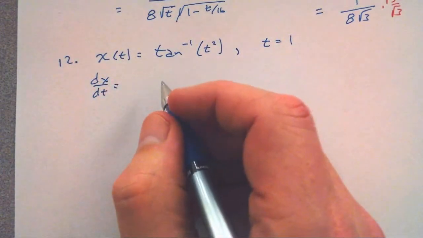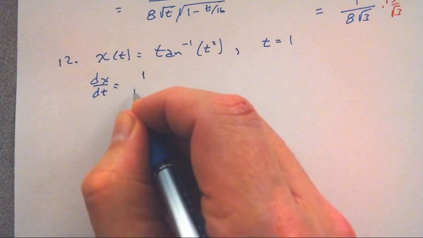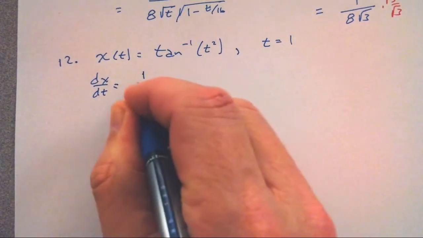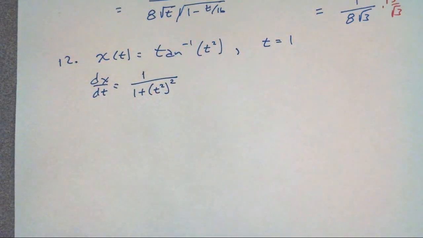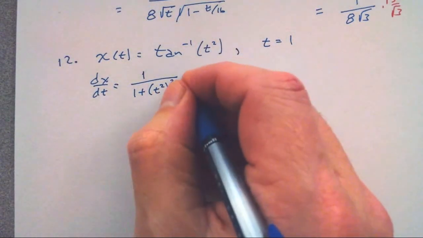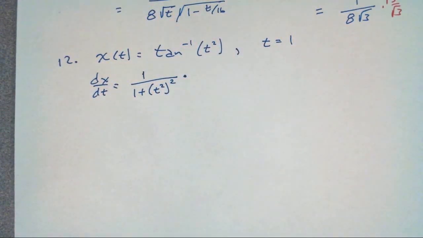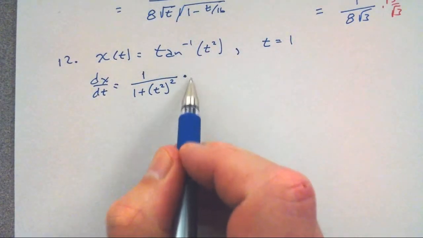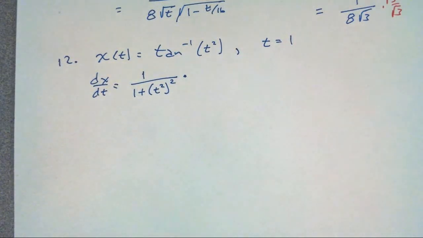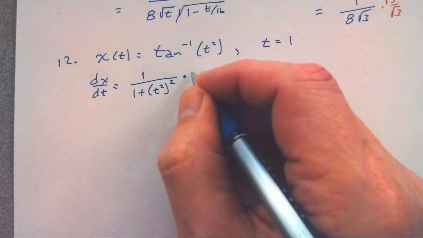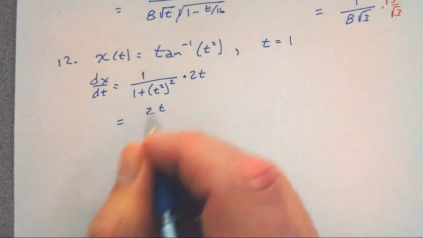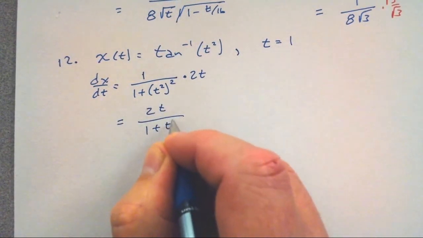So our tangent derivative is 1/1 plus the argument squared times the derivative of the argument. Even if it was just plain old t, the derivative of the argument would be 1. It doesn't hurt to do that, but it hurts not to do it quite frequently. So that would be 2t. Or I get 2t on 1 plus t to the 4th.